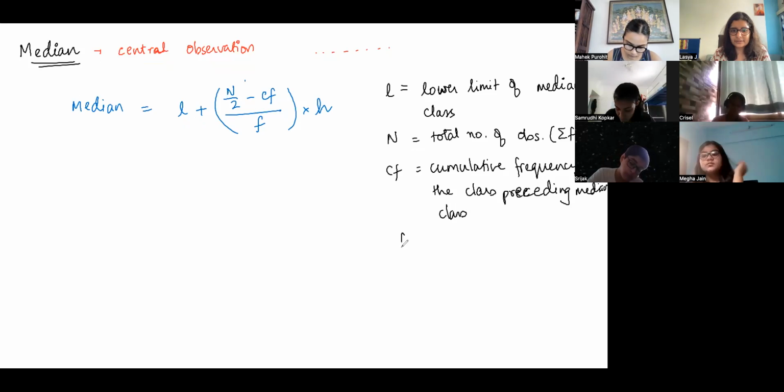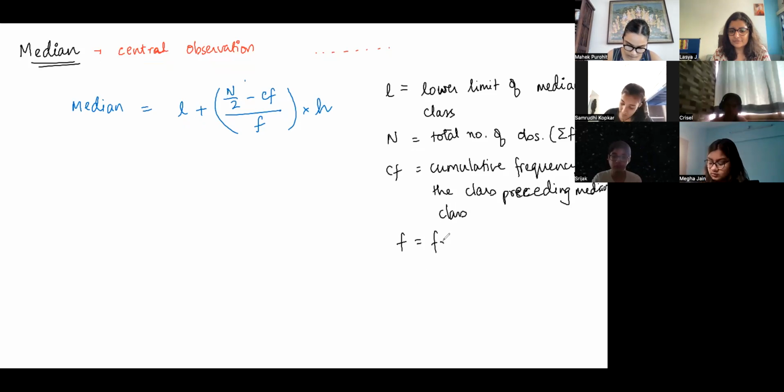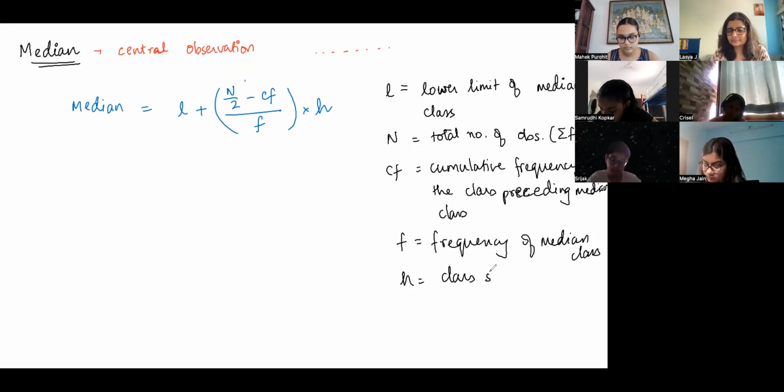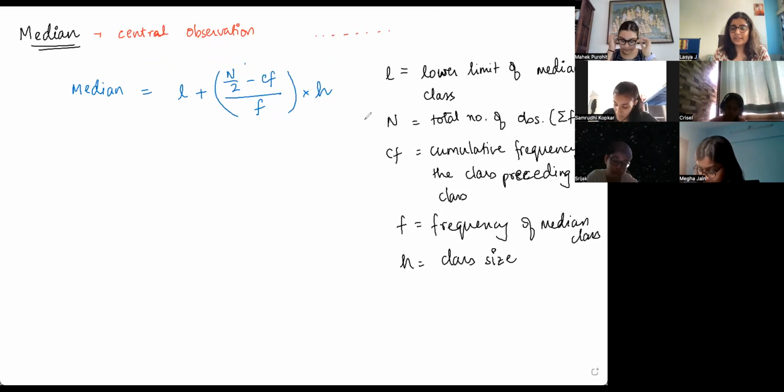F is the frequency of the median class. And H is the class size. Let me know once you guys have finished noting it down. Then we'll take an example. I'll tell you what each of these means. We'll work it out.